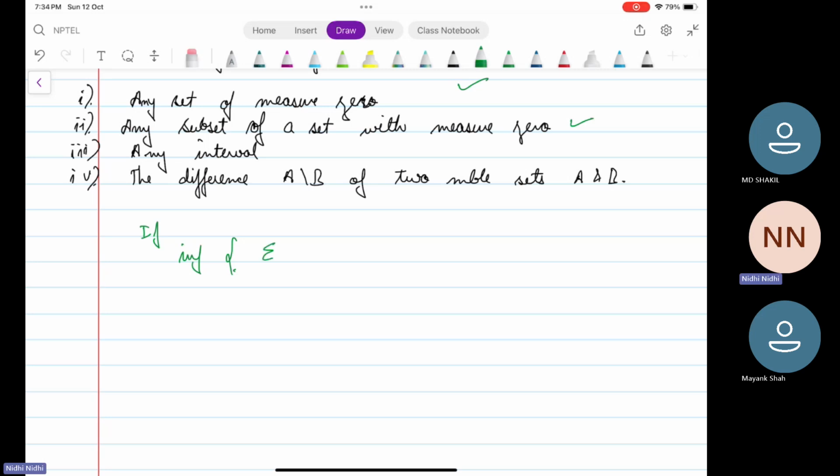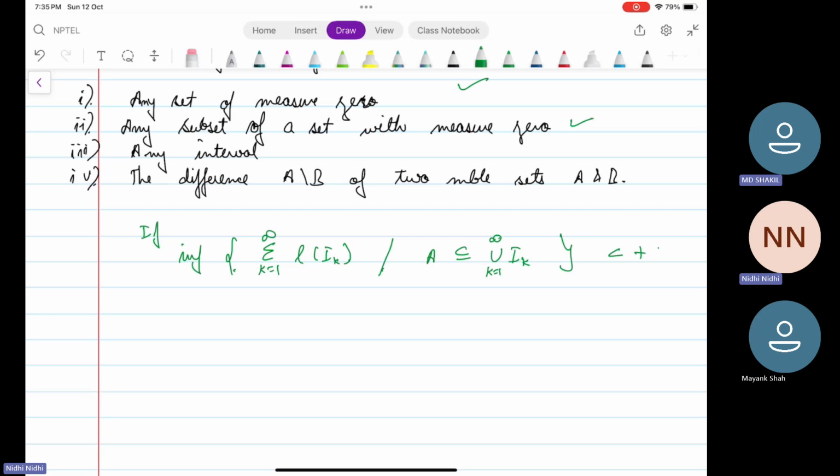If I take a set A, I look for the set of intervals that covers this A. Suppose Ik is a collection of intervals such that the union of Ik contains A. Then I take the length of those intervals, because the length of a bounded interval is always finite. Then I take the infimum of the summation of lengths, over k from 1 to infinity, over all such collections.